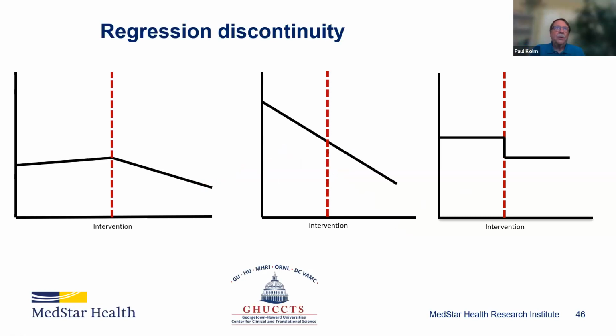Just to illustrate different situations, on the left-hand side, we can see that after the intervention, there's a negative slope. So comparing the slopes would tell us whether those are different or not. On the far right, we have a situation where the slopes aren't different pre and post, but the intercepts are. In other words, there's a big drop in the average value after the intervention.